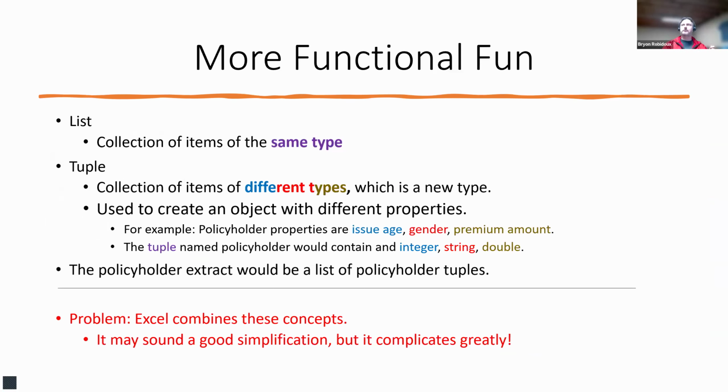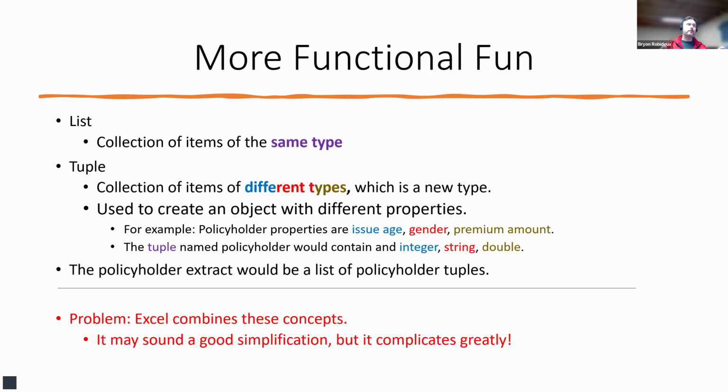In a functional language, there's a concept of a list and a tuple. A list is an array of things of the same type, and a tuple is a collection of things of different types. So imagine I have a policyholder.